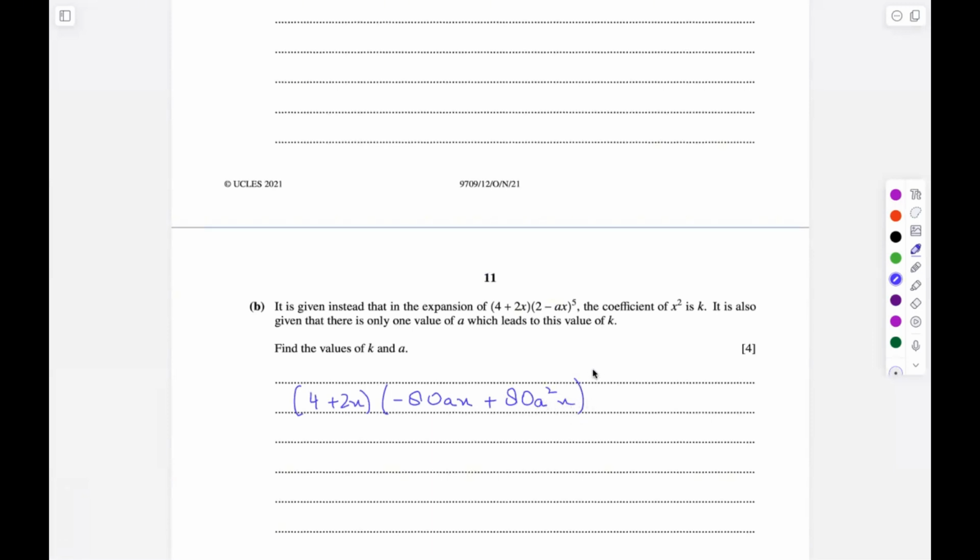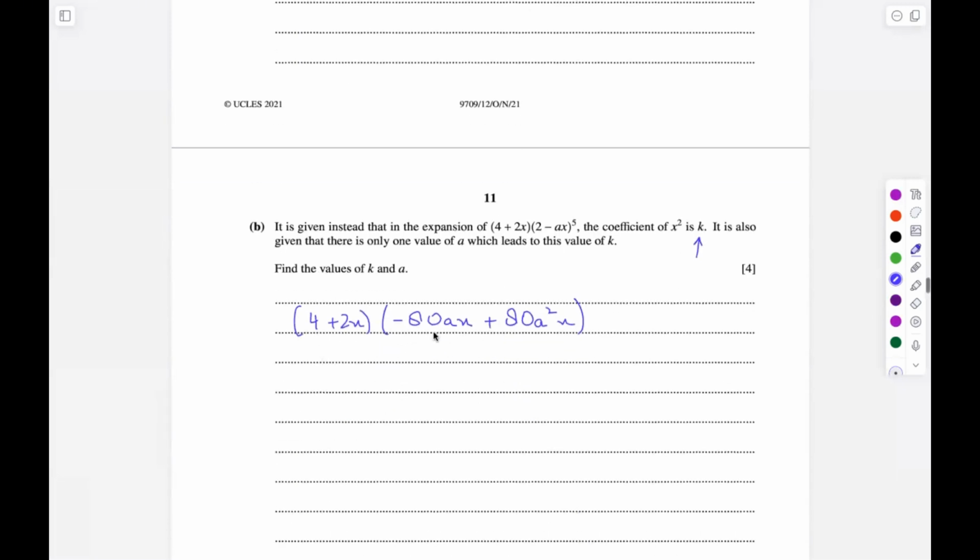So multiplying the expressions, the coefficient in this case will be equal to k. Multiplying minus 80x by 2, that will be minus 160ax squared. 80a squared x squared with 4 will become 320a squared x squared, equal to kx squared.